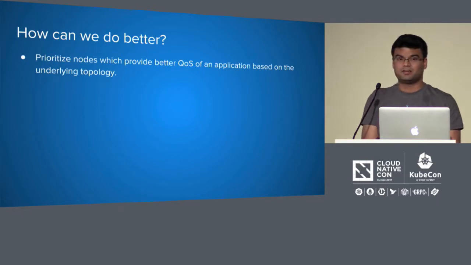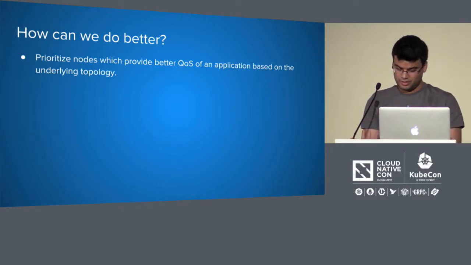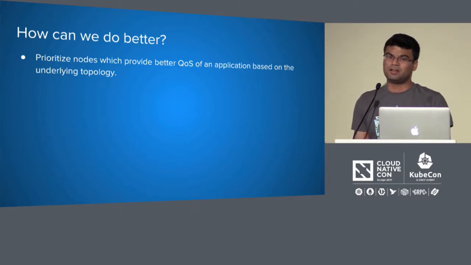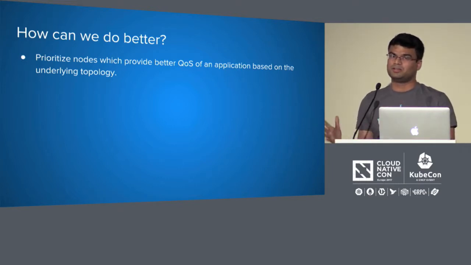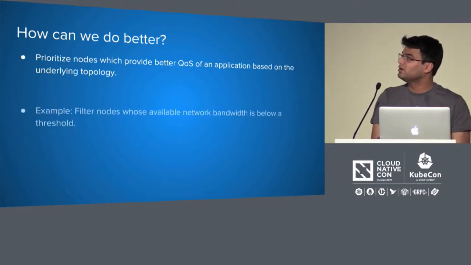First, when we are prioritizing the nodes, we think of prioritization more in a quality of service sense, and quality of service can be pretty broadly classified. You could have networking, storage, and all the things that might impact the performance of your application. So if we take that into account while prioritizing nodes, that could be a good metric.